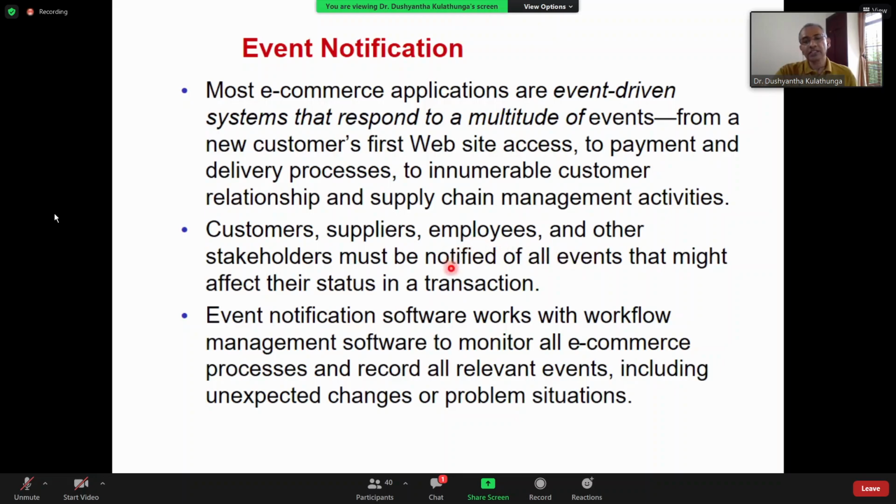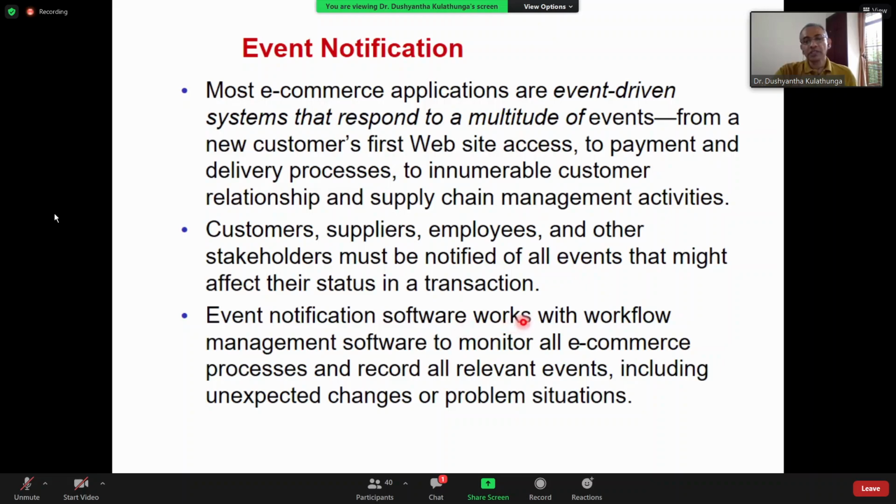It may take 8 days. So it's a change of status in the transaction, and you definitely need to inform the customer immediately. Likewise, there can be certain events that change the status of a transaction, which has to be communicated to the relevant parties immediately.